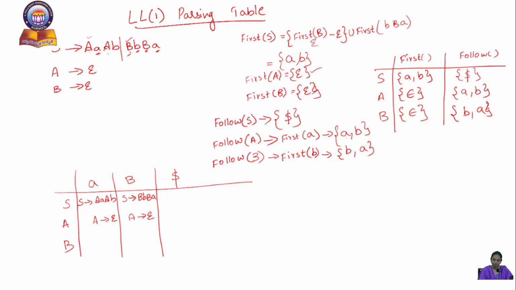And first of B is having the epsilon, so we will consider the follow of B. The follow of B is having B comma A. So here also we have to write B derives epsilon. So this is how we have to construct the LL1 or predictive parsing table for the given grammar.